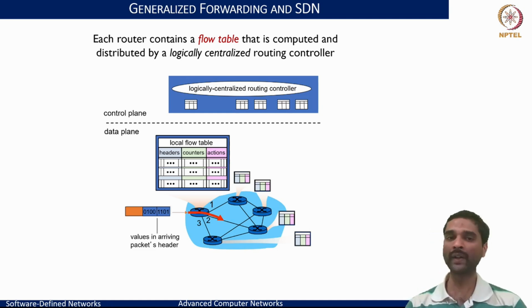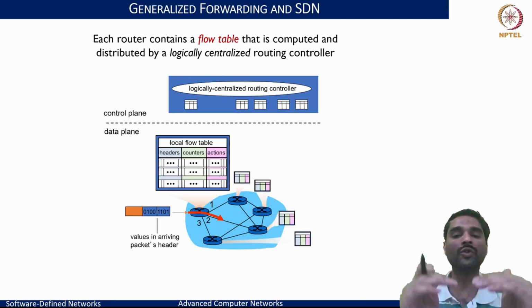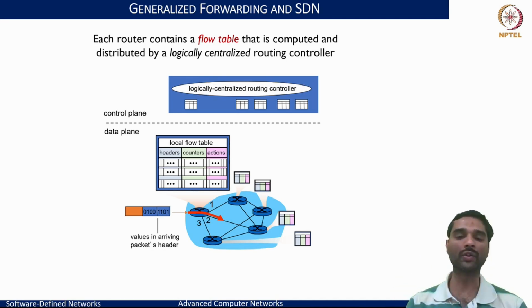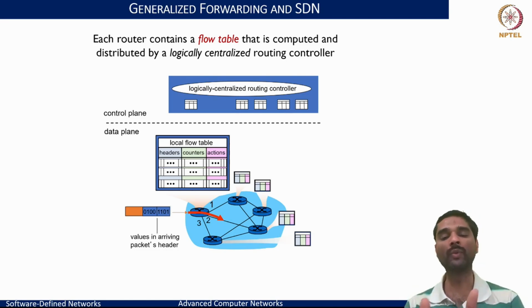And this is done by the control plane, which dictates what should be the match action entries that need to be set in each of the router's tables using the southbound API. So the main construct here is what we call a flow table, which is an aggregate of the flow rules that are going to be set on each of the routers, which are then going to be used for matching the incoming packets.